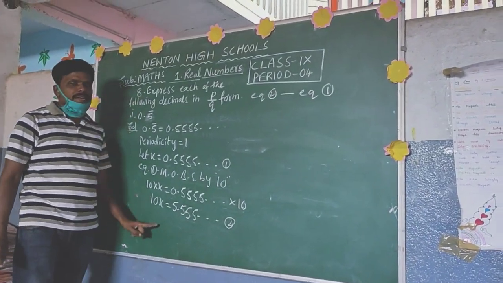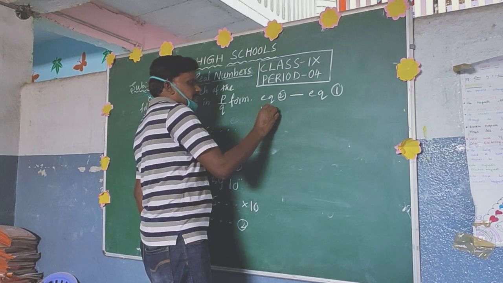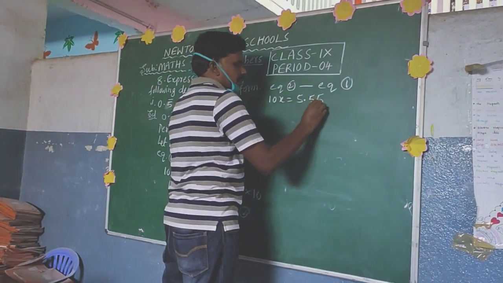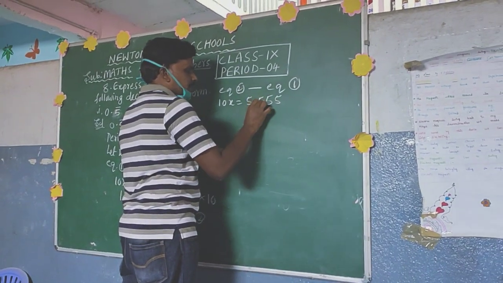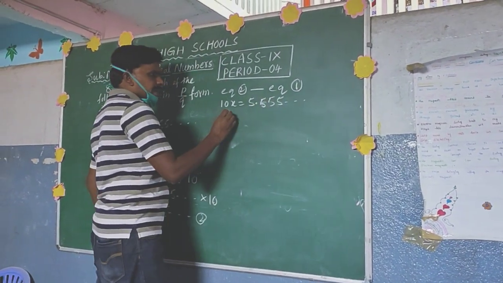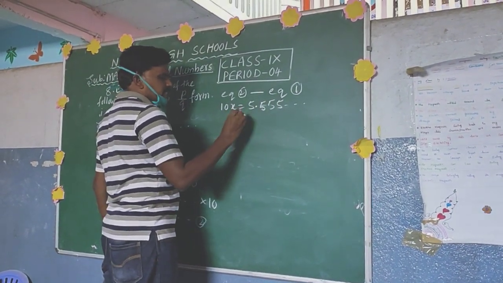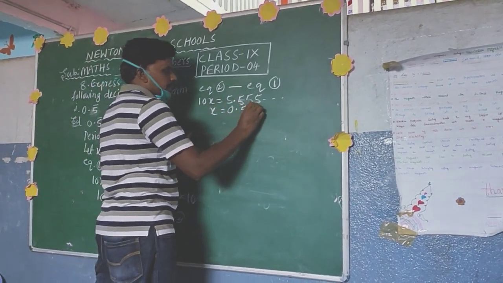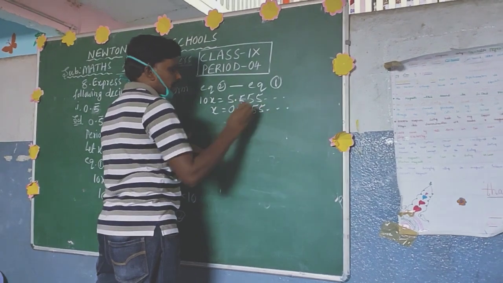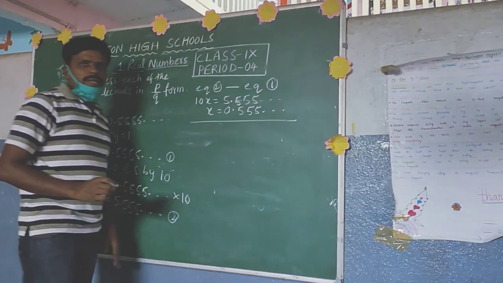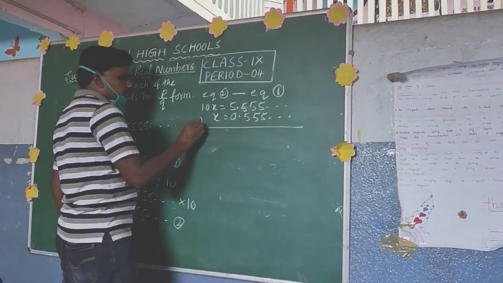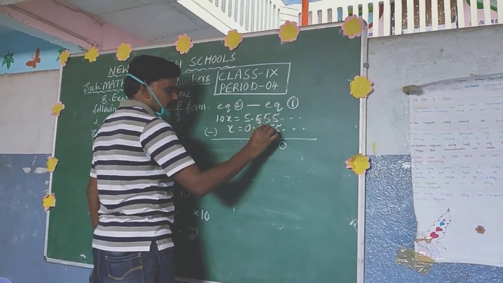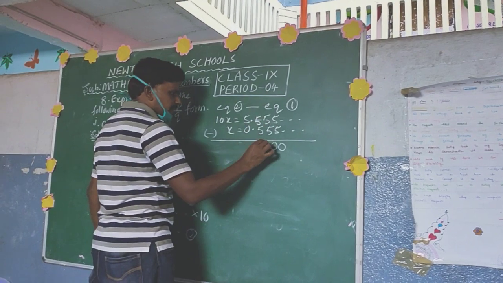What did we get as the second equation? 10x is equal to 5.555 and so on. The first equation is x is equal to 0.555 and so on. Now we do the subtraction. 5 minus 5, 0. 5 minus 5, again 0. 5 minus 5, 0.